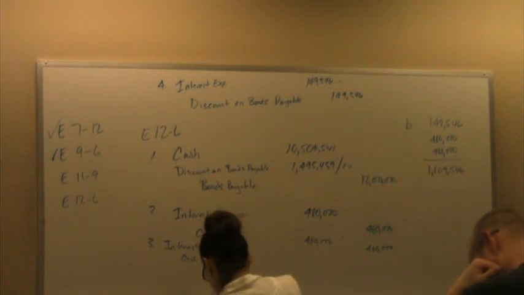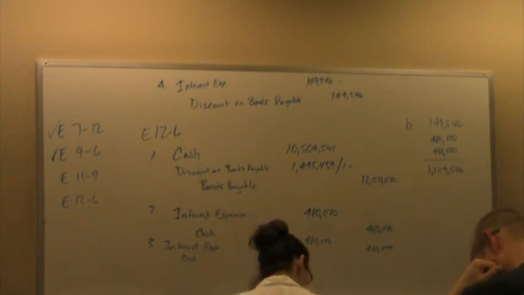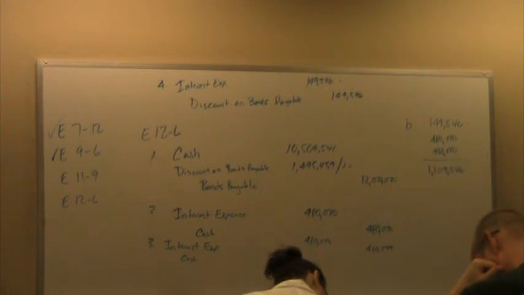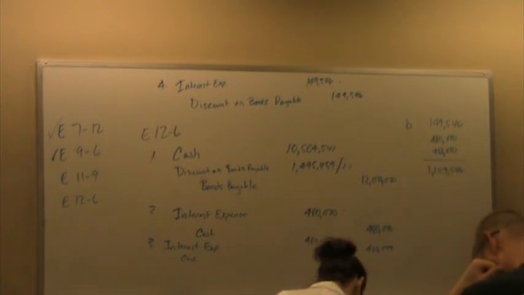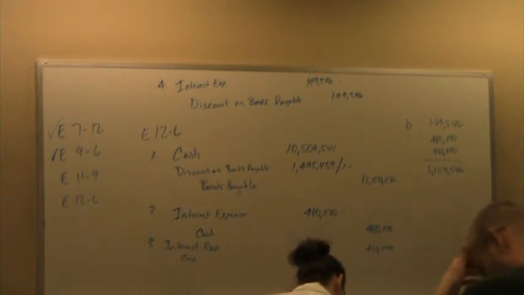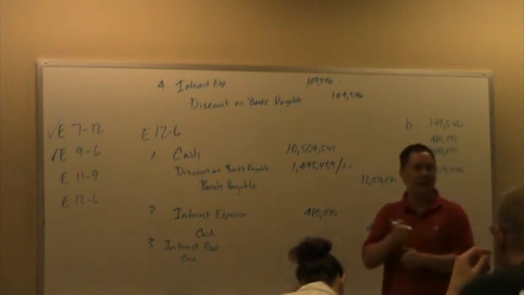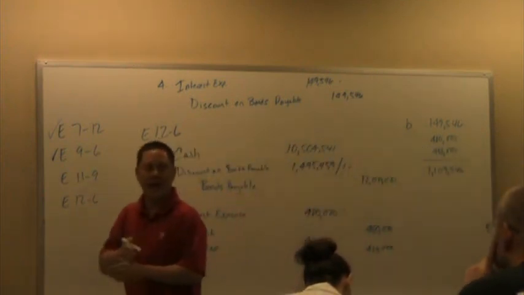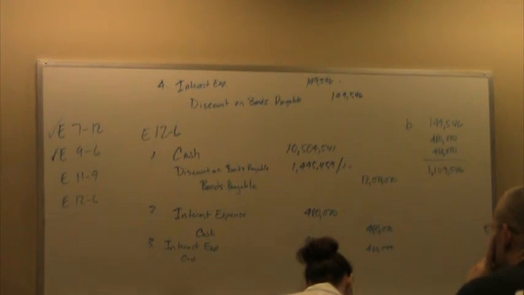It's pretty simple there. So the last part of the problem, C, it says explain why the company was able to issue the bonds for only $10,504,541 rather than the face amount of $12 million. Again, I kind of explained that before when we first started this problem. We had to do that at a discount, otherwise nobody would purchase it.